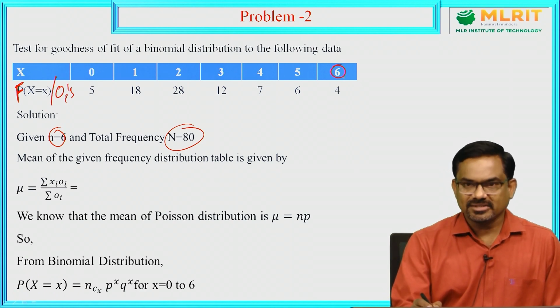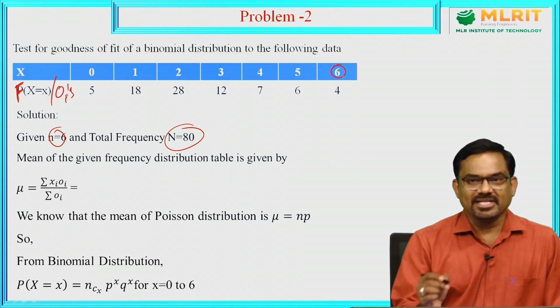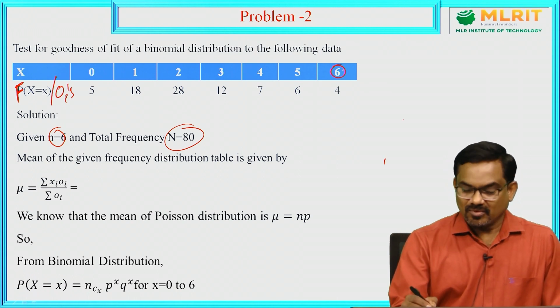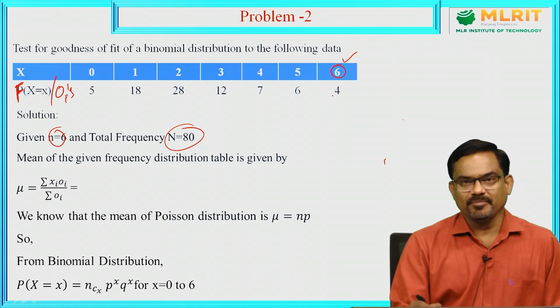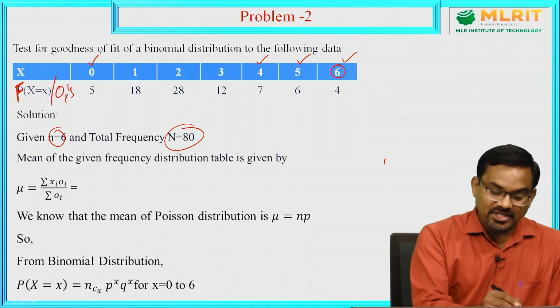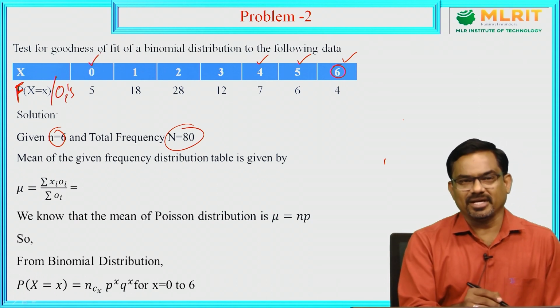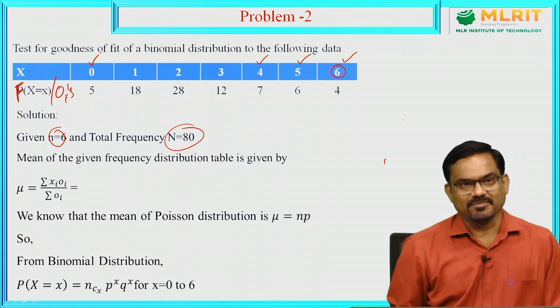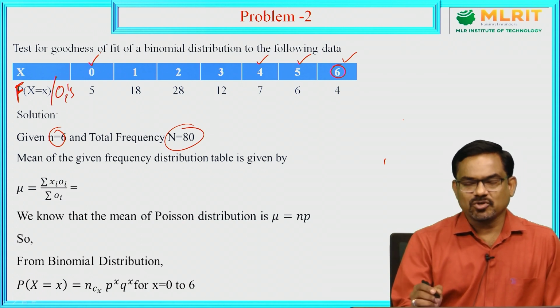If 6 coins are tossed and X denotes the number of heads, a maximum of 6 heads are possible, or 5 heads and 1 tail, 4 heads and 2 tails, and so on. 0 heads means complete failure, all 6 tails. So, the experiment is tossing 6 coins.